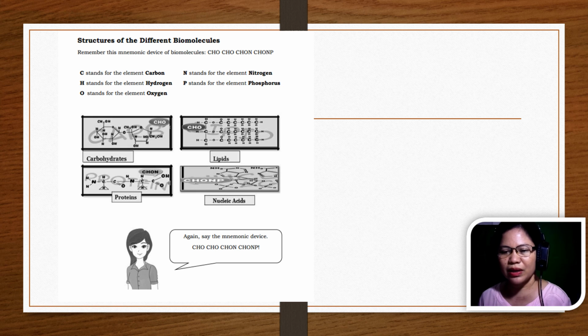Carbon, hydrogen, oxygen, nitrogen, and phosphorus. So this is the mnemonic device that you will be thinking of. Those are the indicators of the different elements present in the biomolecules in our body.